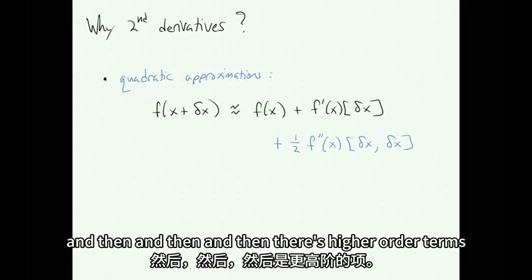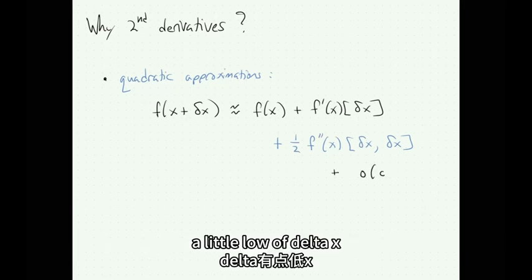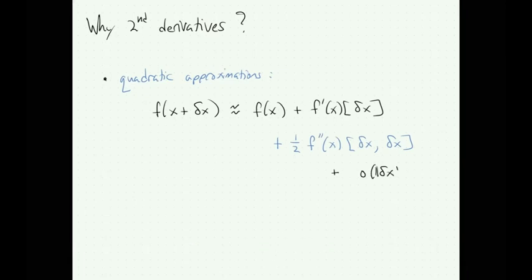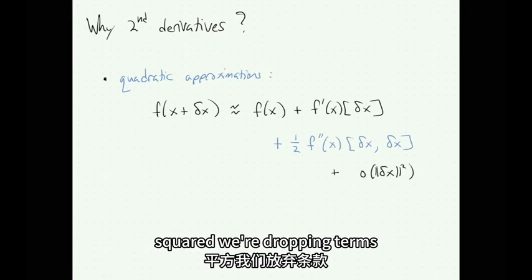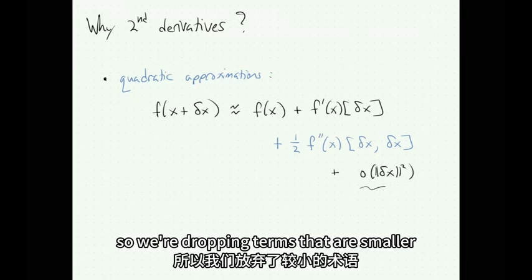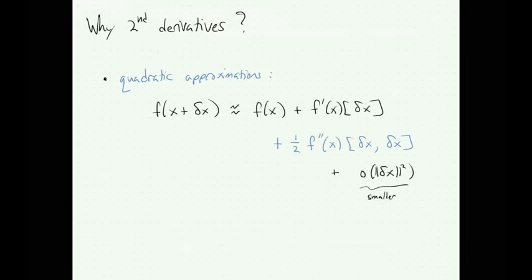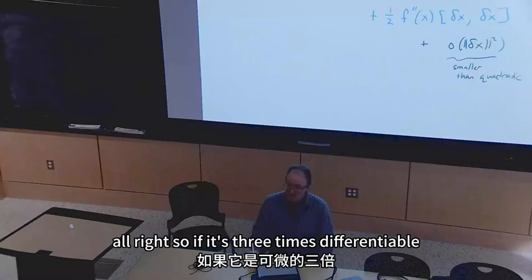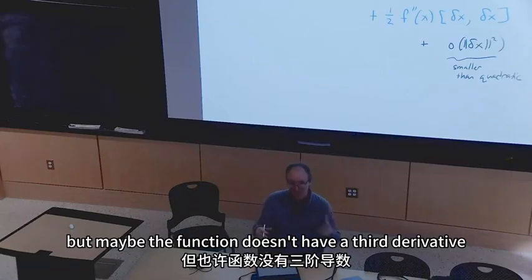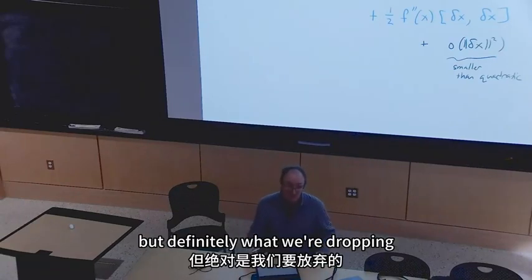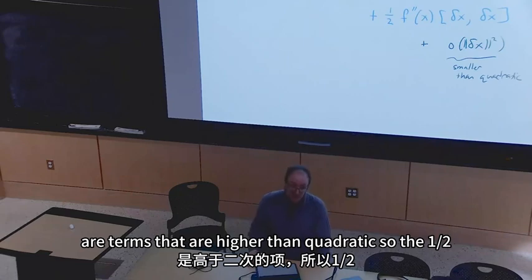And then there's higher order terms, little o of delta x squared, right? We're dropping terms that are smaller than quadratic. All right, so if it's three times differentiable, we're dropping cubic terms, but maybe the function doesn't have it, their derivative, but definitely what we're dropping are terms that are higher than quadratic.